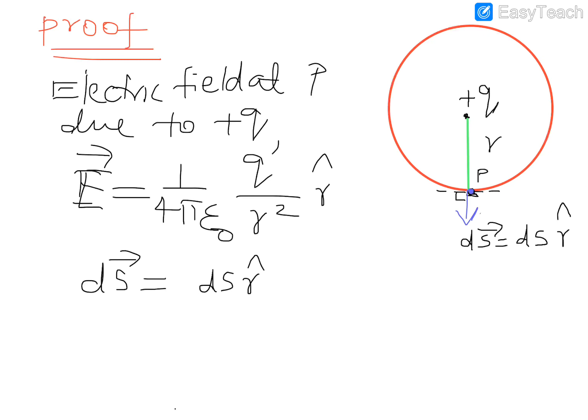Now your intention is to prove Gauss's theorem, isn't it? So let us first write Gauss's theorem one more time. According to Gauss's theorem, closed integral, this 0 must be there, closed integral E dot ds, this is dot product, is equal to q by epsilon 0. This is Gauss's theorem.